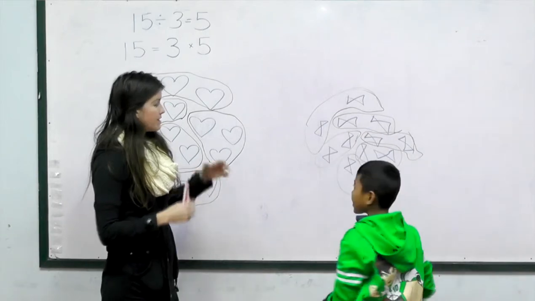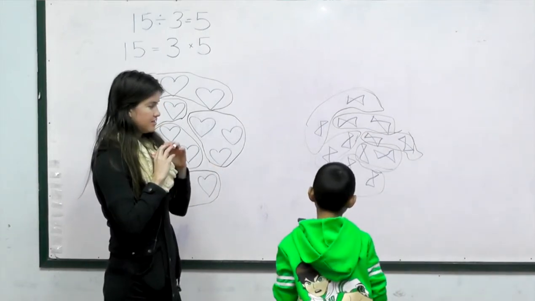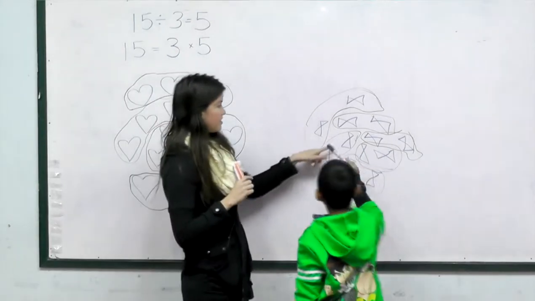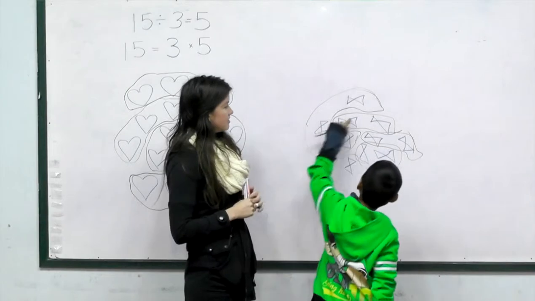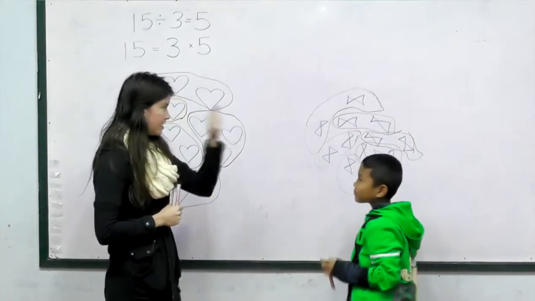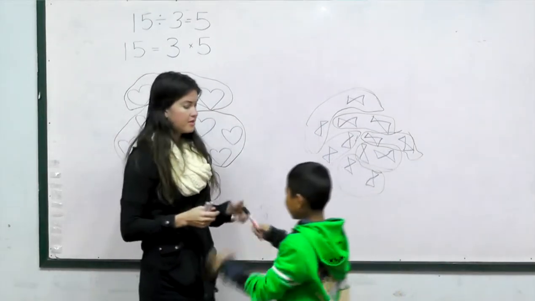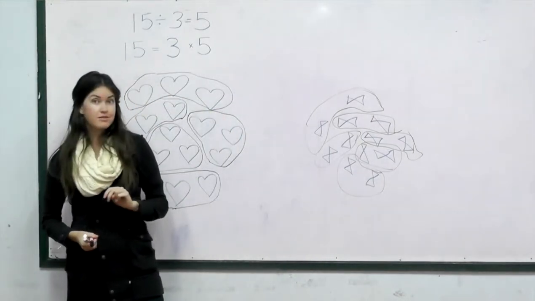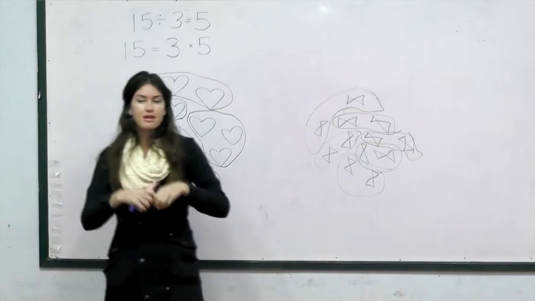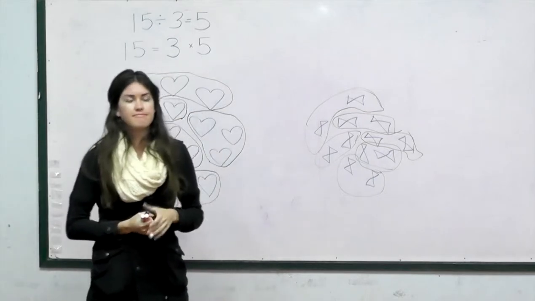Okay, so how many inside every circle? Inside every circle? 2. How many circles do you have? 1, 2, 3, 4, 5, 6. Very nice job, my friend. Okay, so we have 12 candies, two candies in every group, and 6 groups.